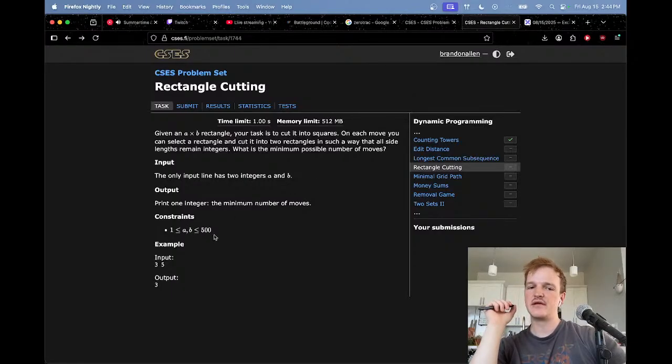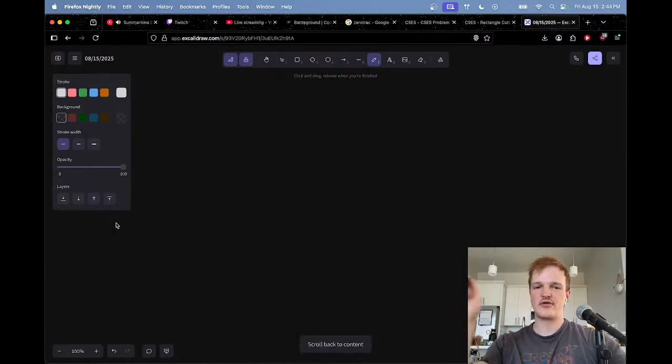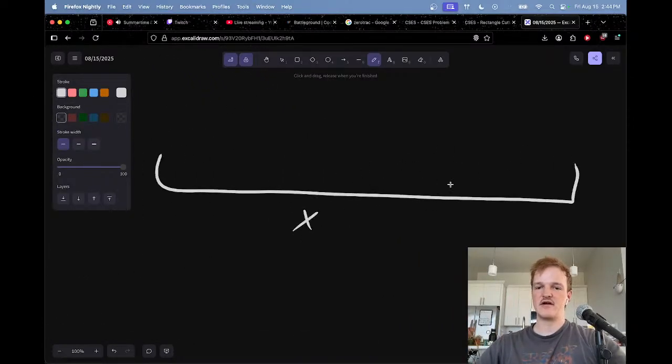So maybe it's some weird harmonic series kind of thing where you're going to have a bunch of squares. If you have a side length here, you could say, okay, I could draw squares of size 1.